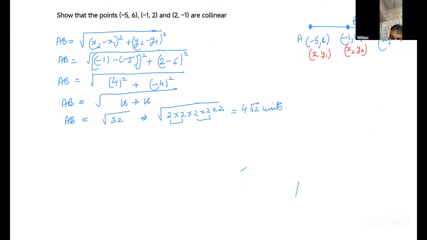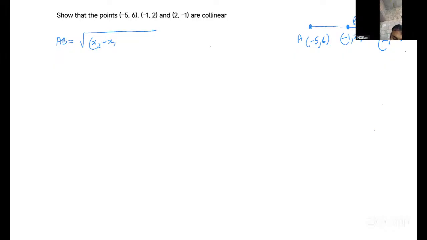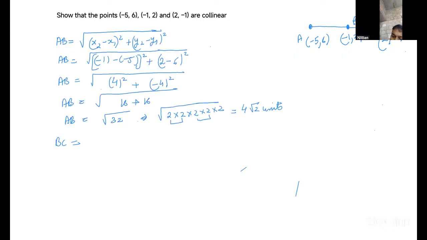Okay. Now in the same way for BC, this will become x1, y1, and this will become x2, y2.